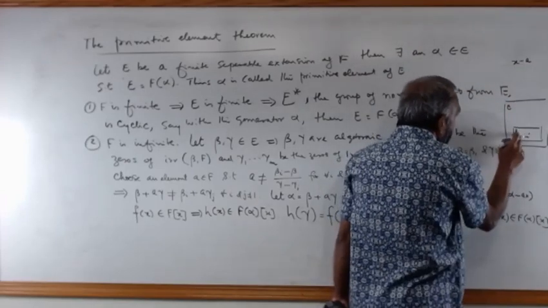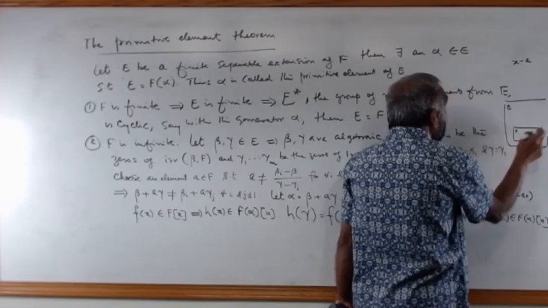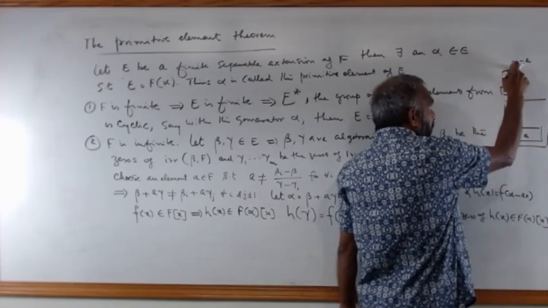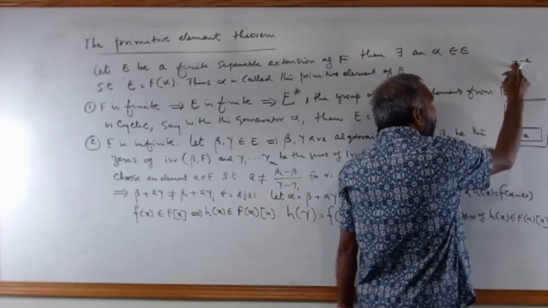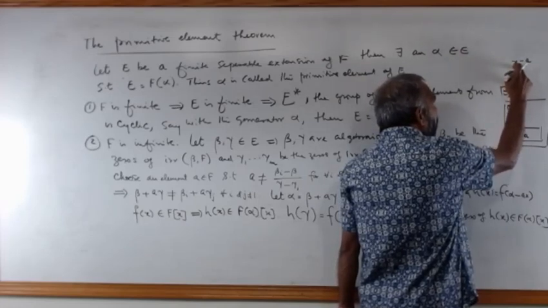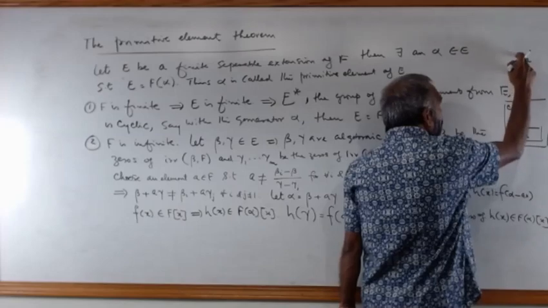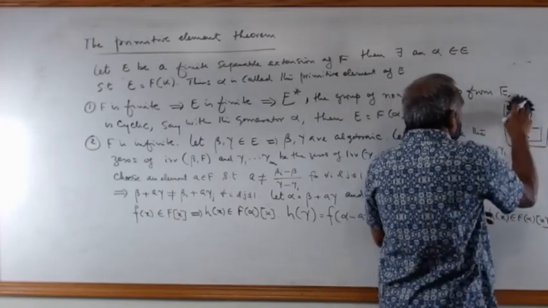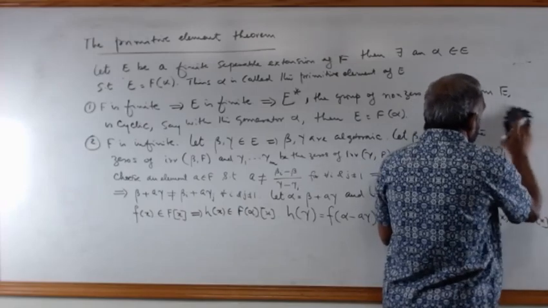If an element is inside f, its irreducible polynomial will be linear. Linear means the power of the polynomial is 1. The degree of the polynomial is 1, maximum degree.